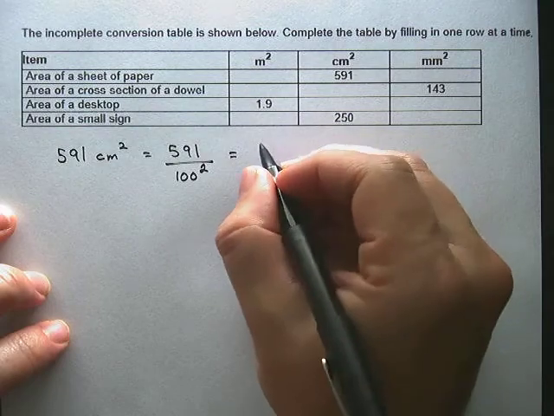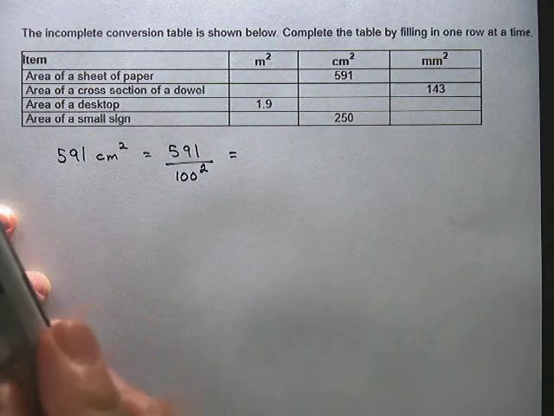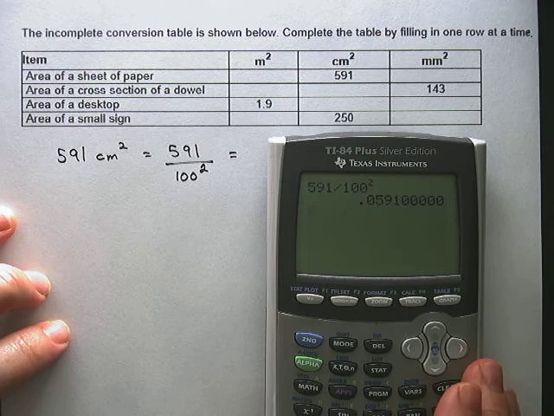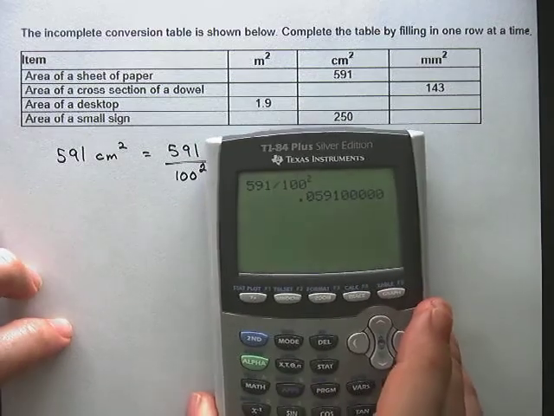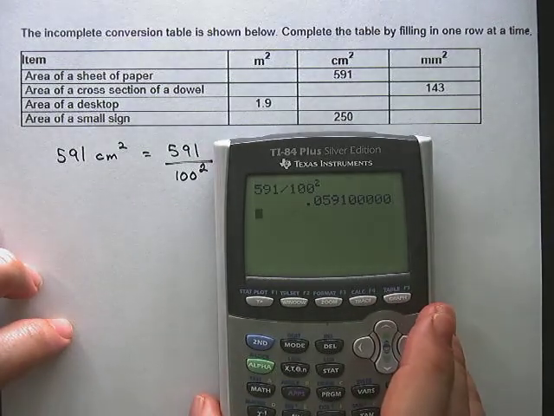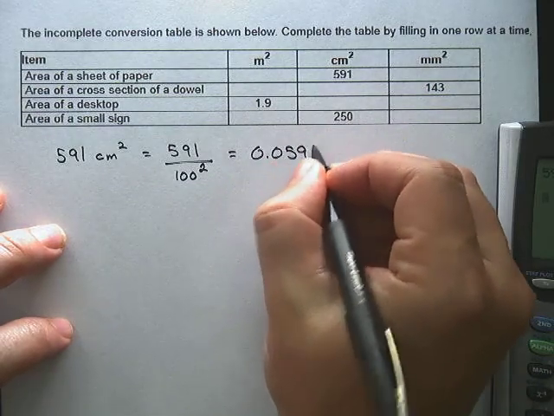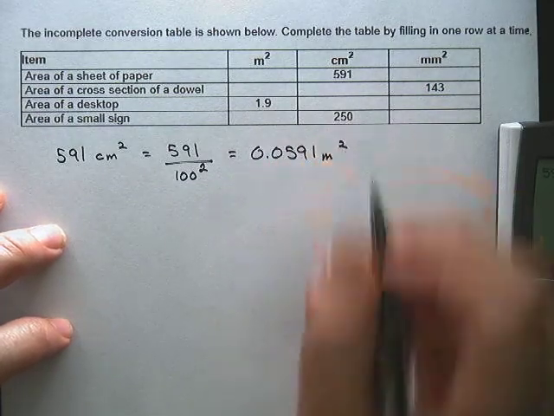And that will give us, let's go to the calculator, 591 divided by 100 squared. Okay, so we get 0.0591 meters squared.